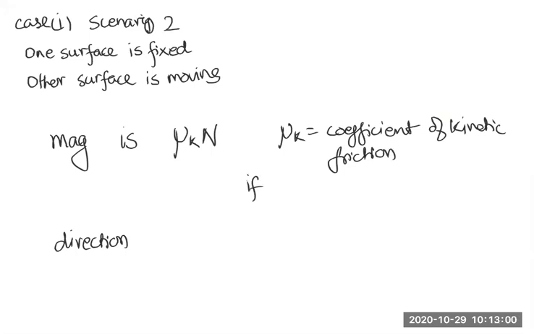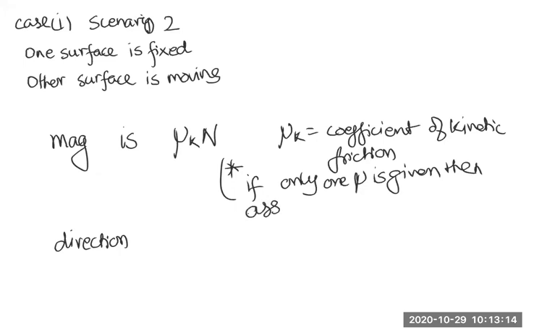If only one mu is given, then assume that mu s is equal to mu k.